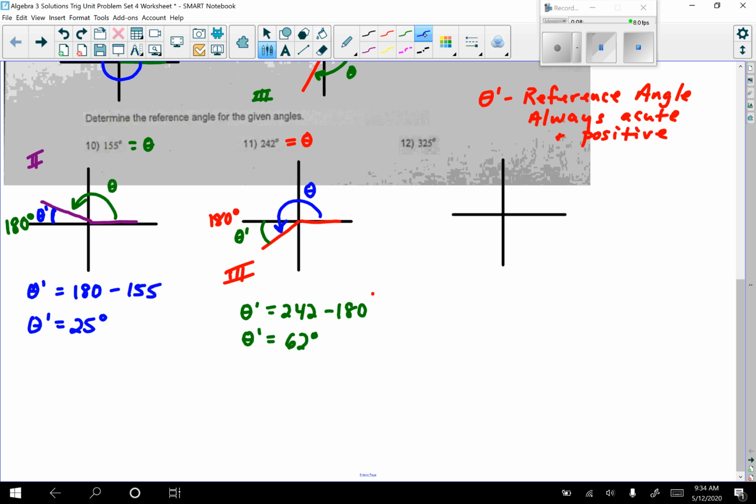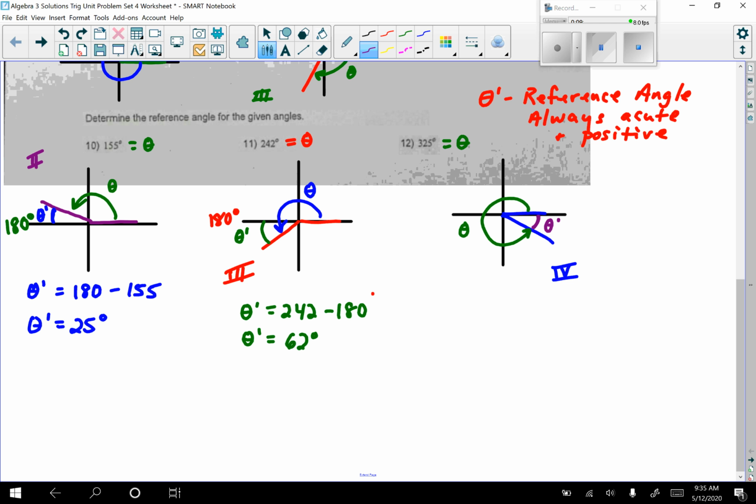All right, for 325 is going to show up in the 4th quadrant, the terminal side, that is. Here's my initial side. So 325, we're looking at just 55 degrees past 270. So we could draw this right about here. All right, so again, this is theta. Drawing this in, this is theta. So my reference angle is this little part right here.